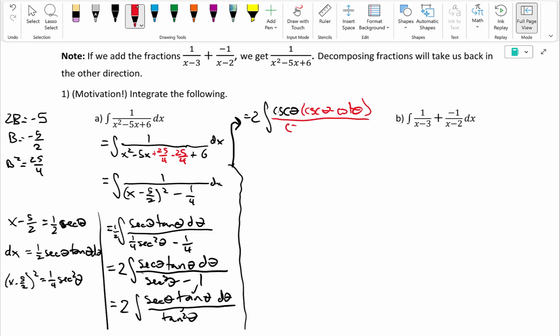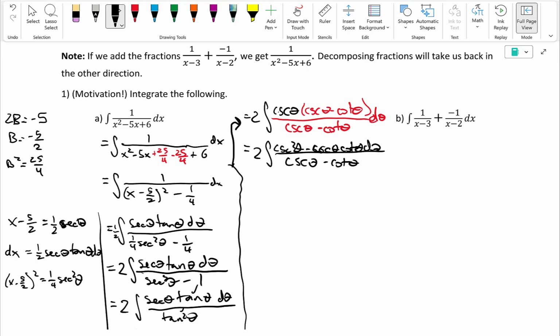And we've got to do that in the numerator and denominator to multiply by 1 and again, keep everything balanced. And so we can rewrite this as 2 times the quantity cosecant squared theta minus cosecant theta cotangent theta d theta over cosecant theta minus cotangent theta.